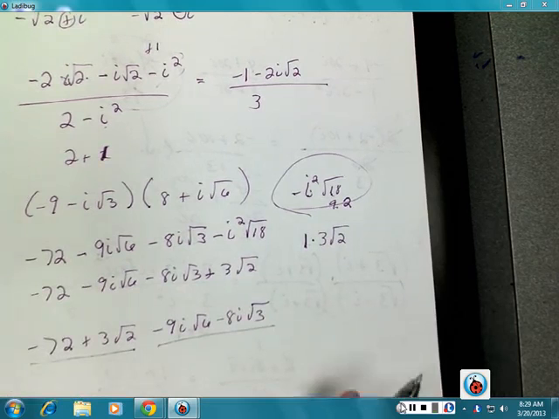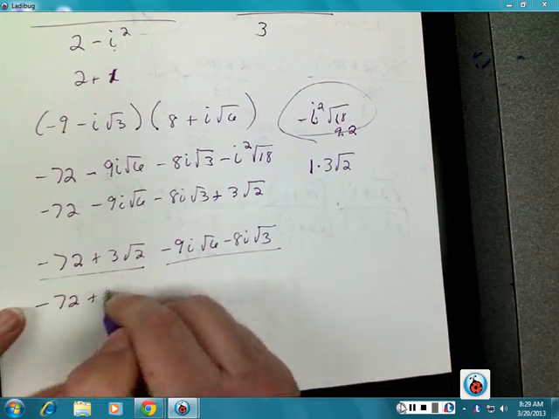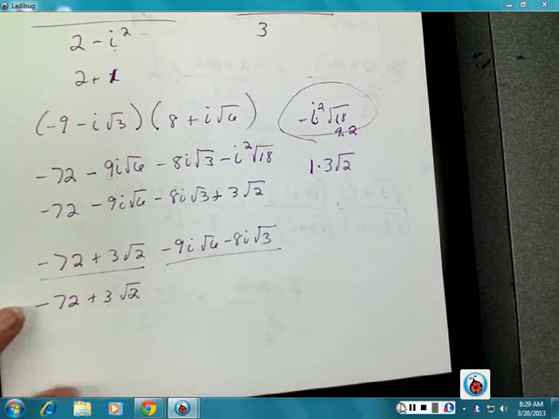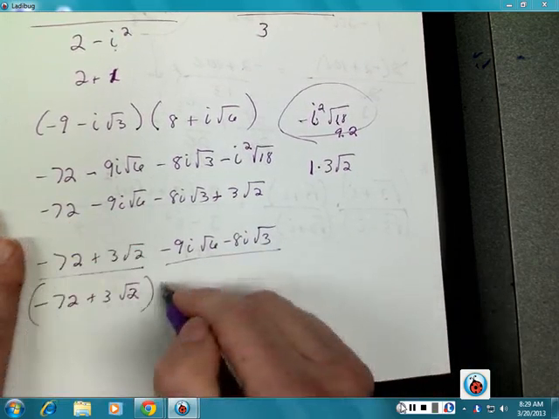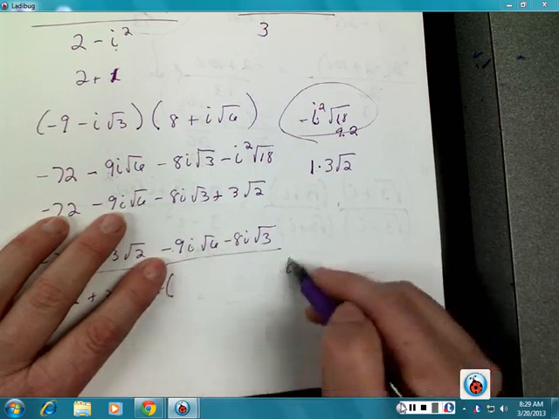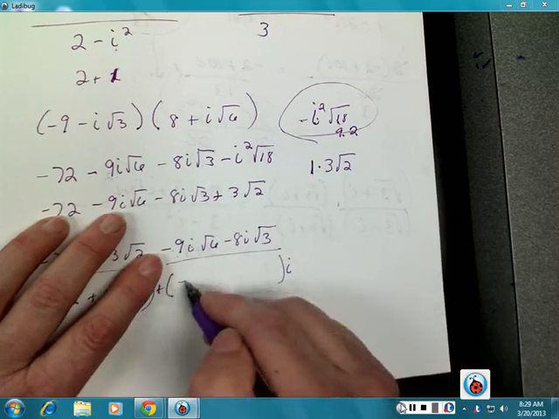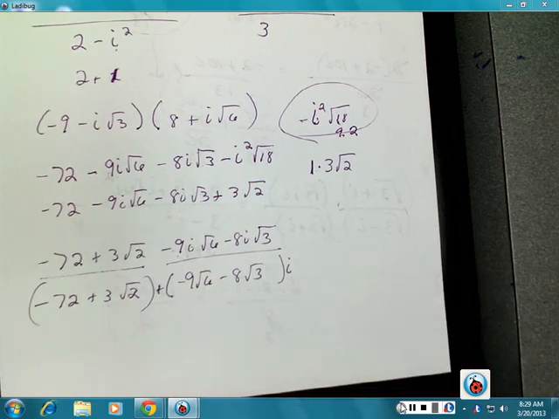And in some cases it does have you pull out what you can out of some of these pieces. And over here, I can pull out an i out of all this and make it negative 9 the square root of 6 minus 8 the square root of 3. And then you can leave it like that. And that would be your answer that you put into Hawks.